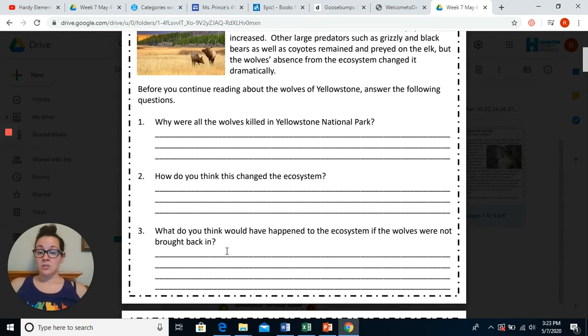Maybe Yellowstone would be overrun with goats and sheep and domestic animals if there was not a wolf population to control that livestock population. Maybe it would not be a desirable place to visit anymore. It wouldn't look as pretty with much less plant life, without enough grass and shrubbery to make it a beautiful park. Those are all good hypotheses.